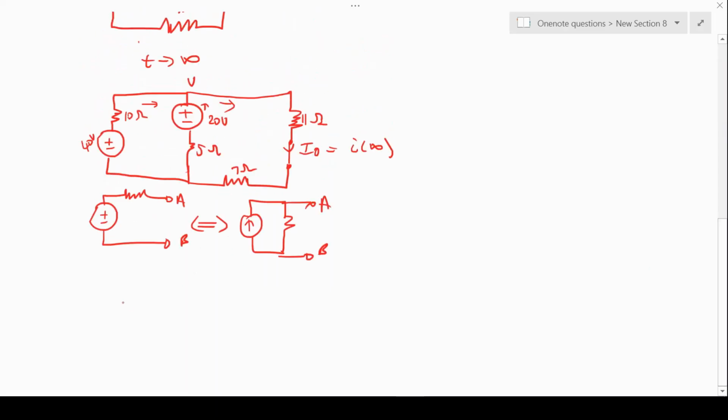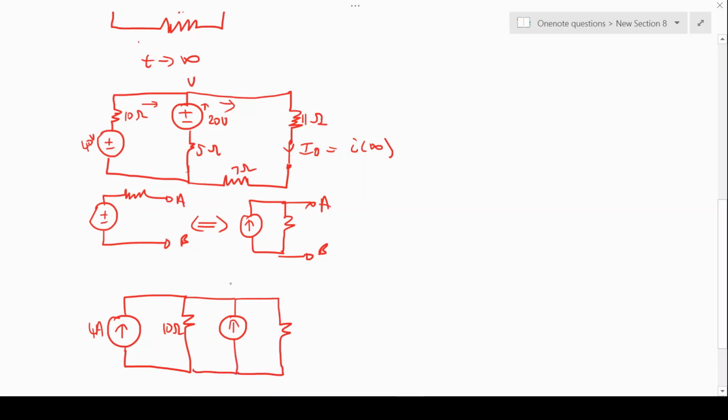So using this principle, we can then simplify the circuit. So we're going to say the 40 and the 10 is going to give us a current source and a resistor. Current source value 40 divided by 10, which is going to be 4 amps with the 10 ohms, and the second voltage source will also become a current source with a resistor in parallel.